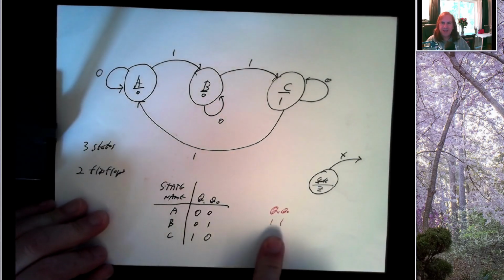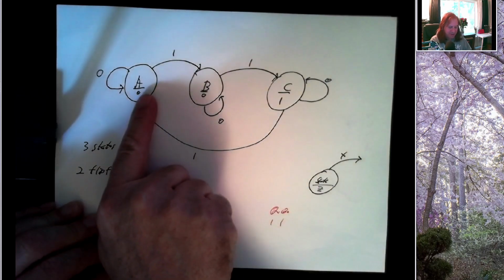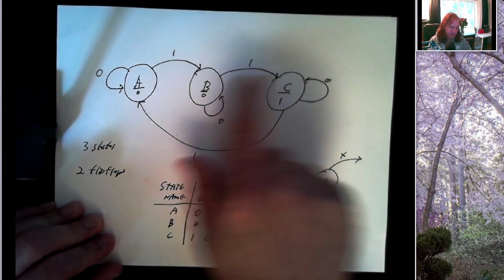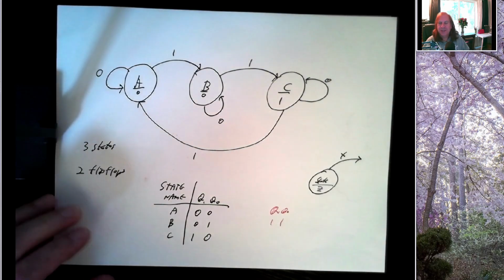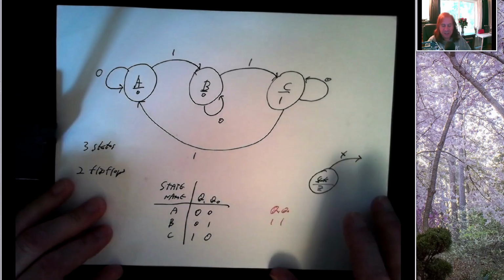But consider another possibility. Suppose this is some kind of abnormal state which can occur, but we don't expect it to occur under normal circumstances. And so the usual behavior of our system is, go from A to B to C back to A, or hold in a current state based on this input X. But suppose that there is a fourth state in which the system can be, some kind of emergency state, for example.